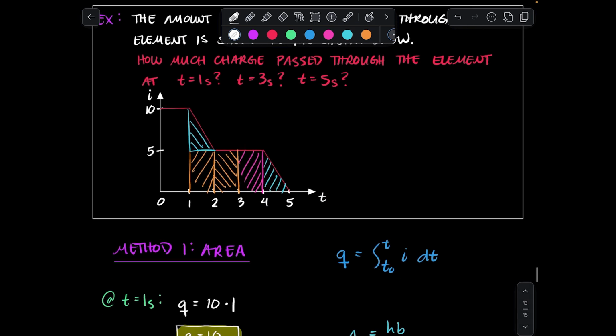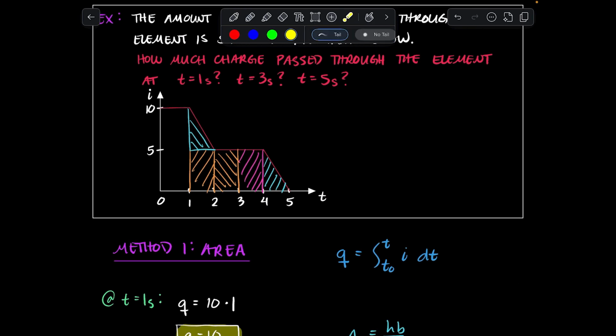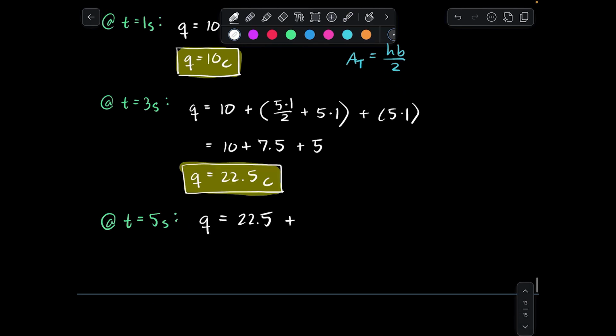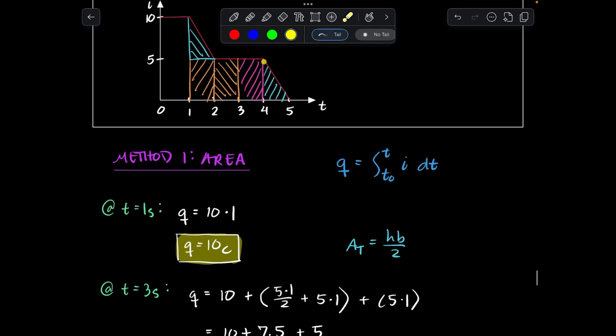And then between 3 and 4 seconds, we have this familiar rectangle here with a unit length of 5 and a width of 1. So it's going to be 5 times 1. Plus we have another triangle here with the same measurements as this one actually.